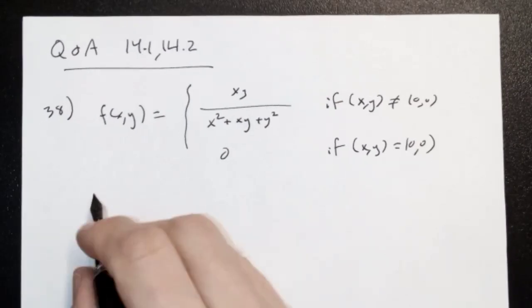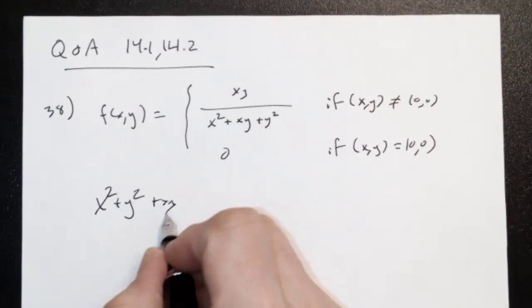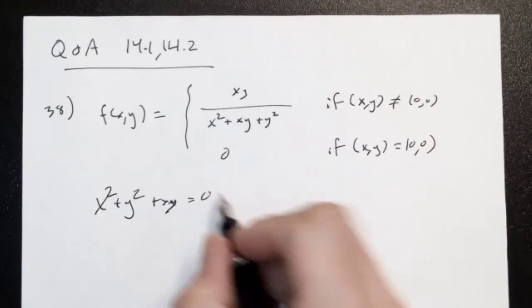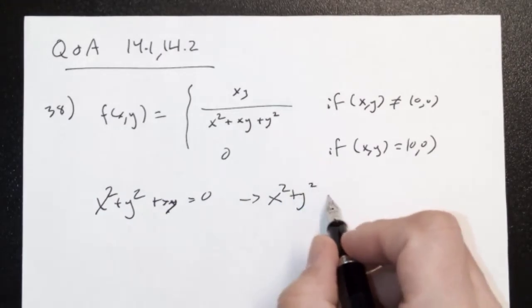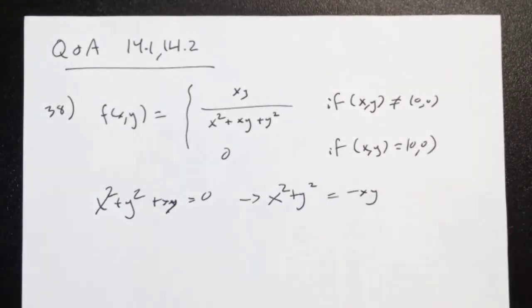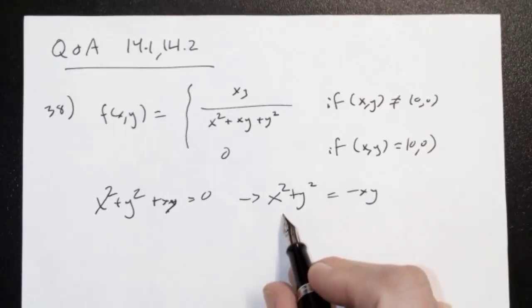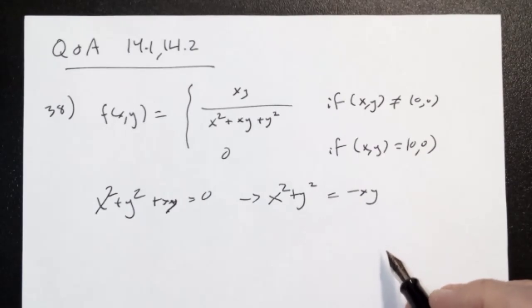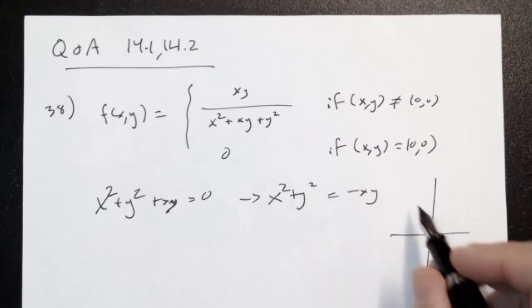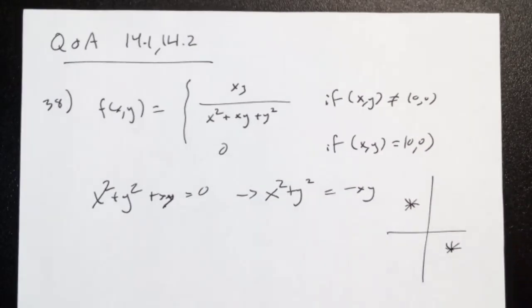Because if I think about x squared plus y squared plus xy equals 0, then that's the same as x squared plus y squared equals minus xy, right? But for this to be a positive number, x and y have to have opposite signs, yes? So I'll only be looking in this quadrant and this quadrant.